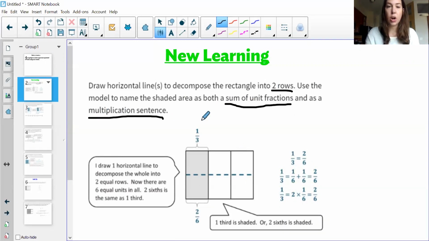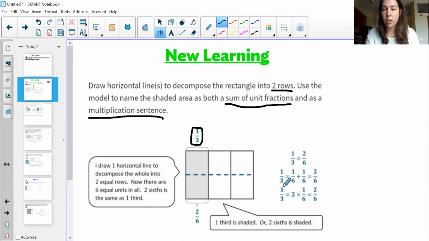So we started with 1/3. Then to make 2 rows, we drew this horizontal dotted line across. Now, 1/3 was shaded. Now 2/6 are shaded because each one of these boxes is now a 1/6 and 2 of them are shaded. So that's what we're showing here.